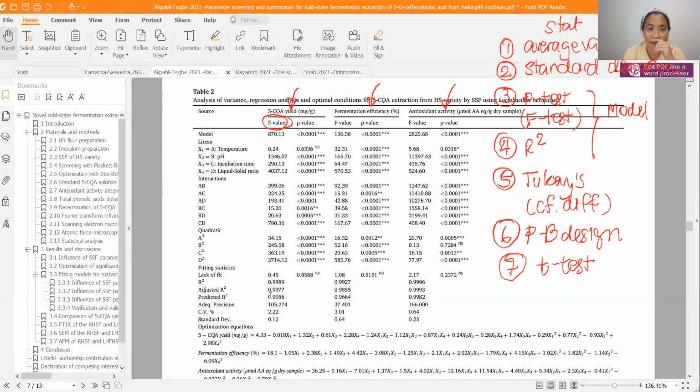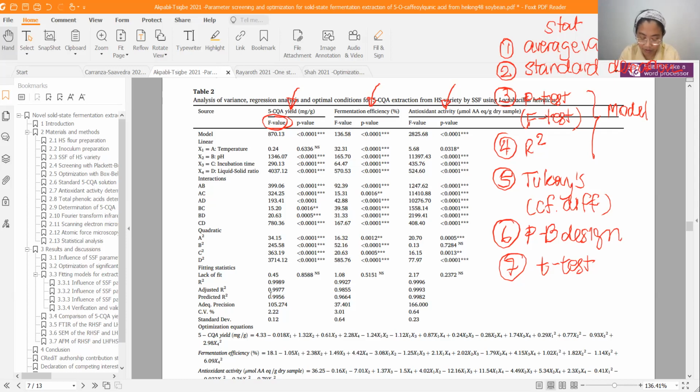That is why they just shortened everything and just show the F values for each term, for each of the responses.